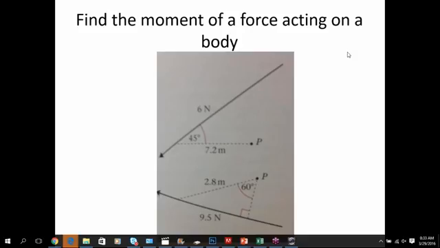So the 2 newtons is a clockwise force, and how far is it? What's the distance from the point? 1 metre. So it's 2 times 1, and that gives us a 2 newton metre moment, clockwise.